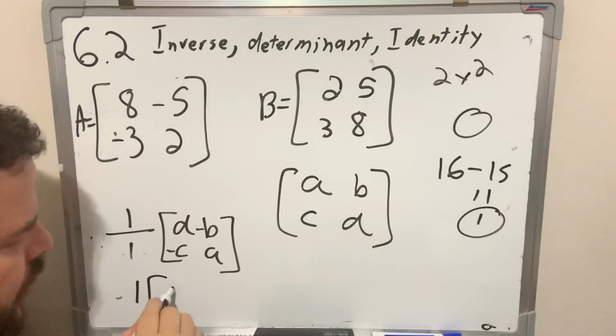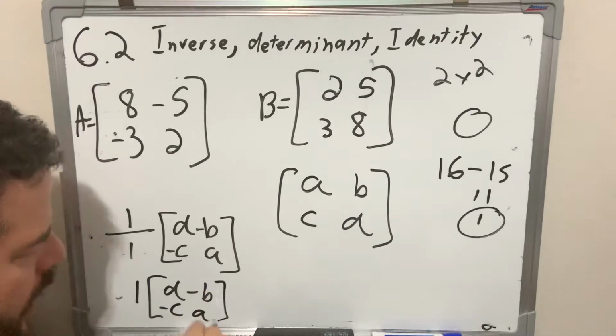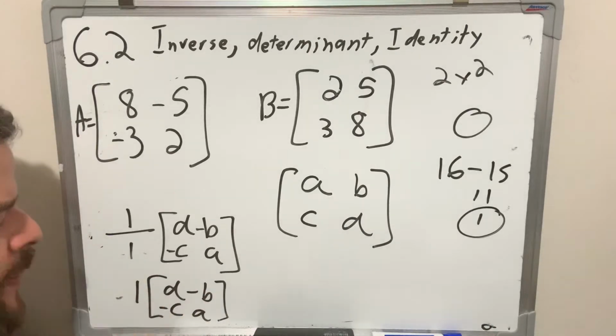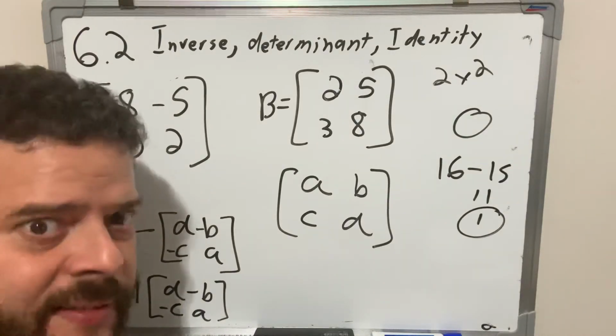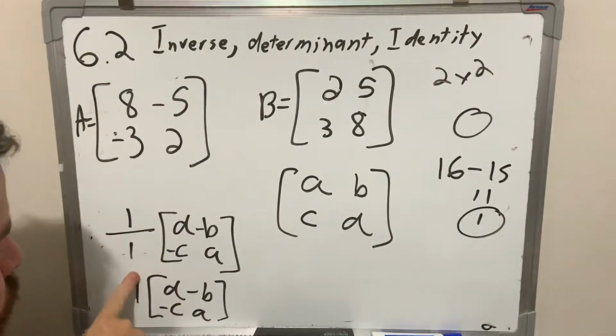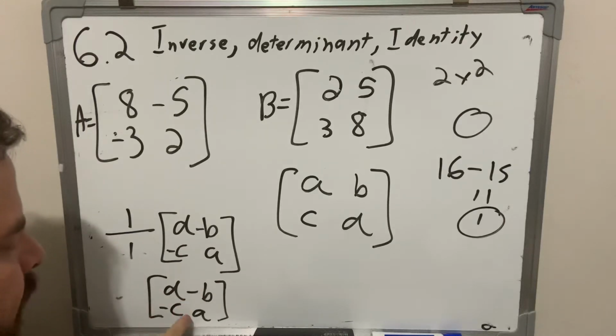So you're going to do scalar multiplication with these values. Again, you distribute the 1, multiply times everything inside. 1 times any number is the exact same number, so nothing changes. So the inverse is pretty much D, negative B, negative C, A.